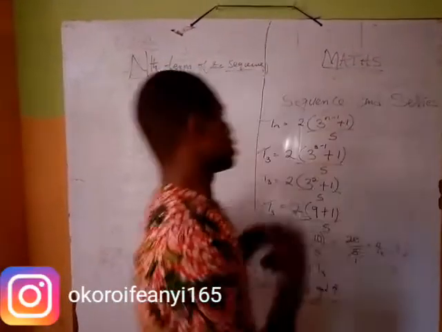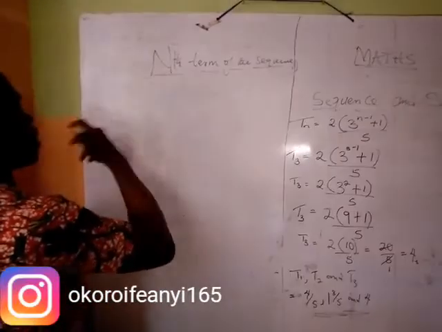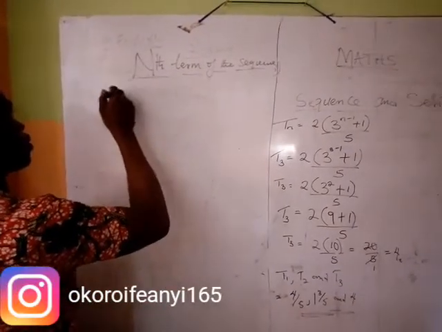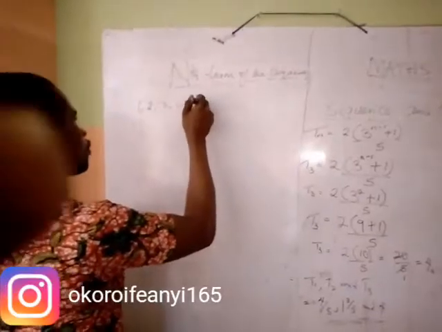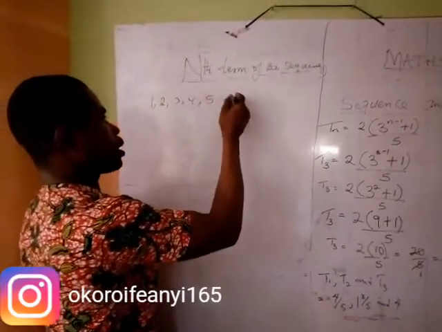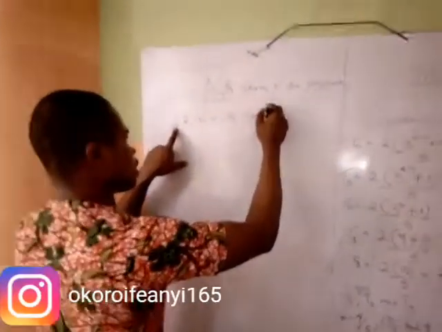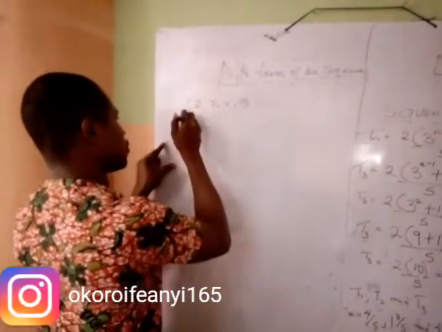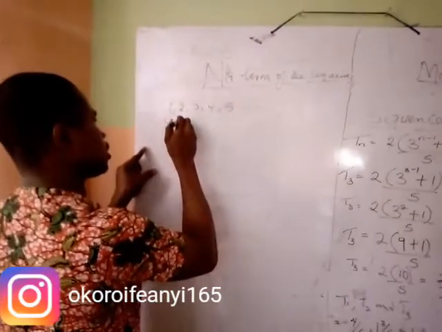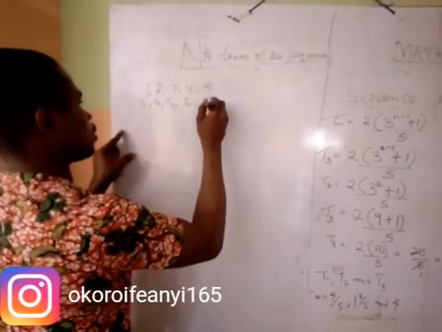Now, what do I mean by that? If I have a sequence in the form 1, 2, 3, 4, 5. From this particular sequence, what is the common difference? Here, 1 serves as my T1. I have my T1, my T2, T3, T4, T5.